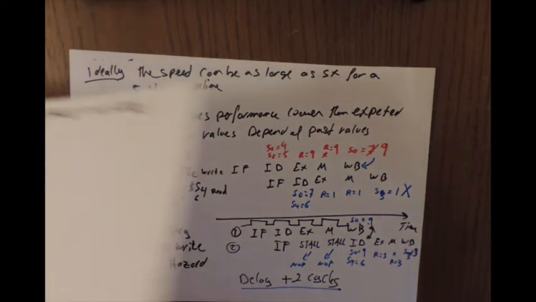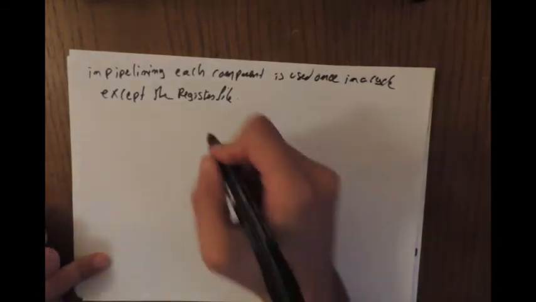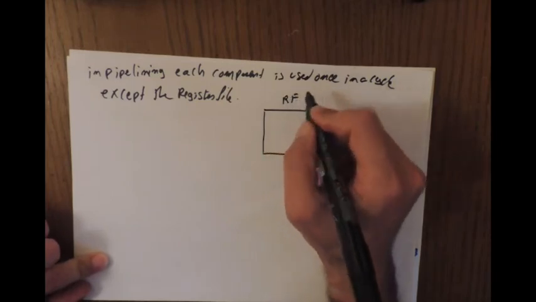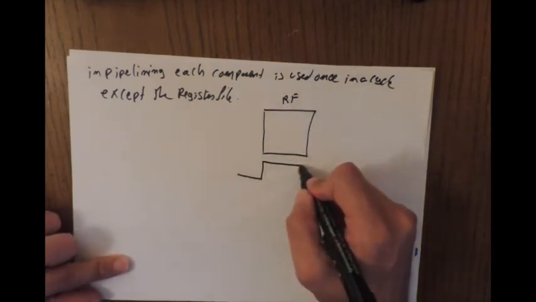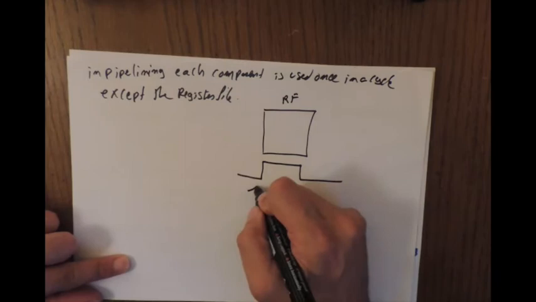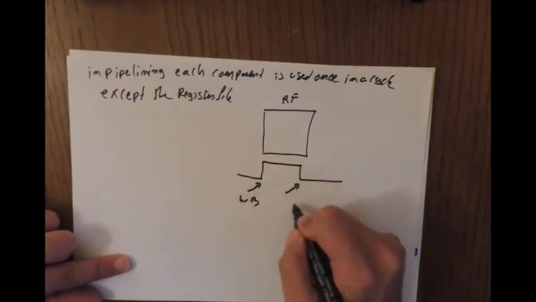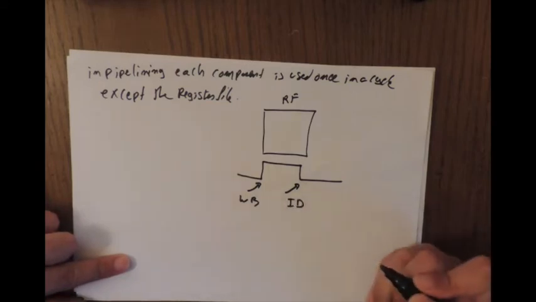They designed the register file in a way that, in this cycle, on the rising edge I will do write back, and on the falling edge I will do decode.